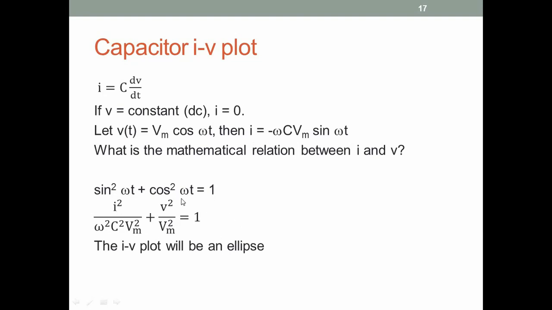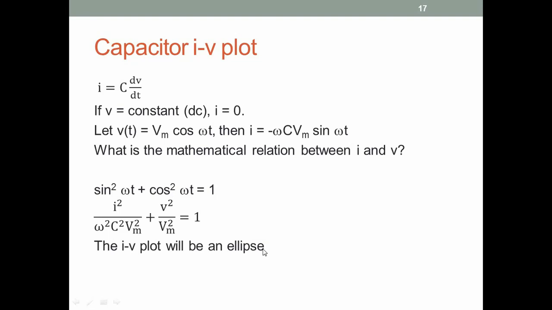If you were to plot this, what do we get? We get an ellipse. So the IV plot of a capacitor is basically nothing if the voltage is DC. It is an ellipse if the current and voltage are sinusoidal.